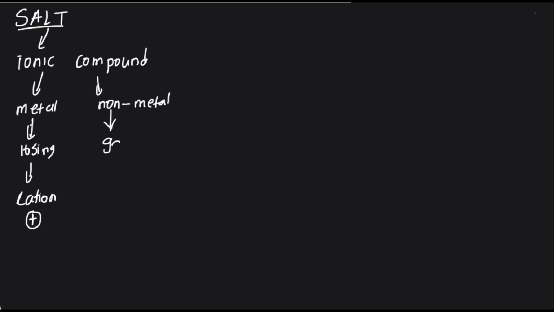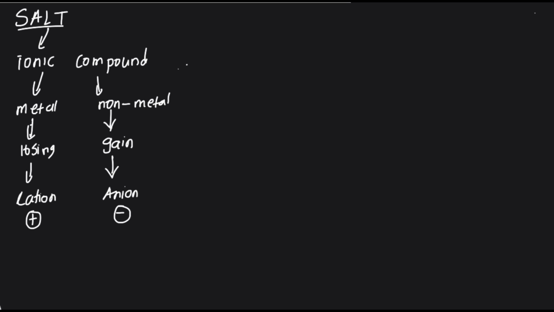Here we are going to have a gain of electron or electrons, and this one we are going to form an anion. Then an anion has a negative charge. So we can define a salt as just an ionic compound, a compound that has a cation, which is a positive charge, and an anion, which is a negative charge.